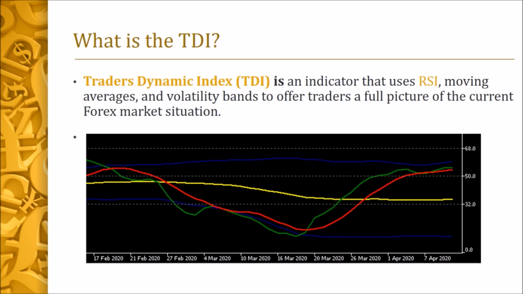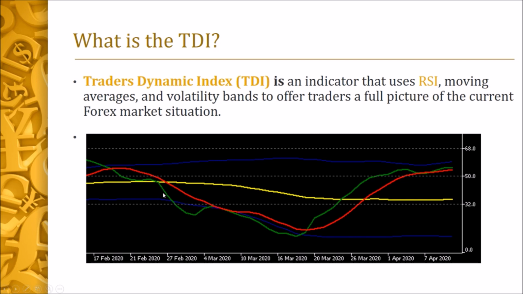So you are basically wondering what the TDI is. Basically, the trader's dynamic index or the TDI is an indicator that uses RSI, moving averages, and volatility bands to offer traders a full picture of the current forex market situation.